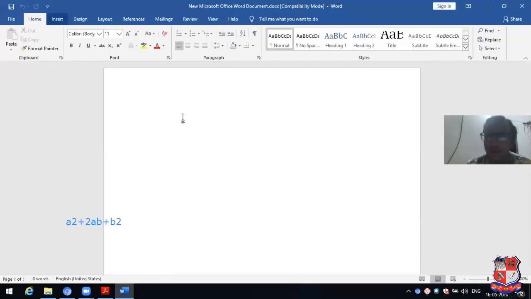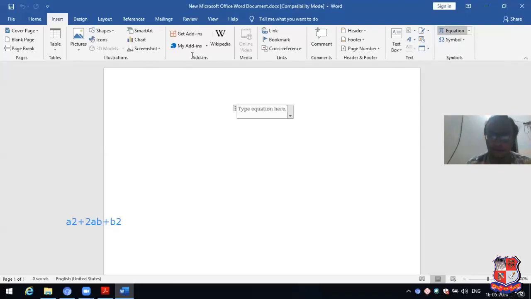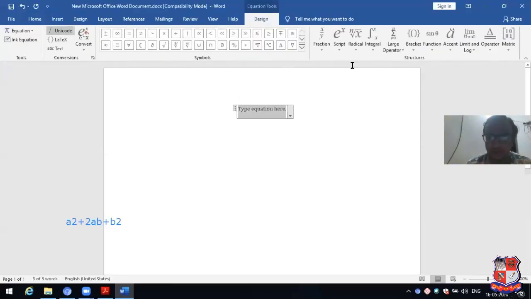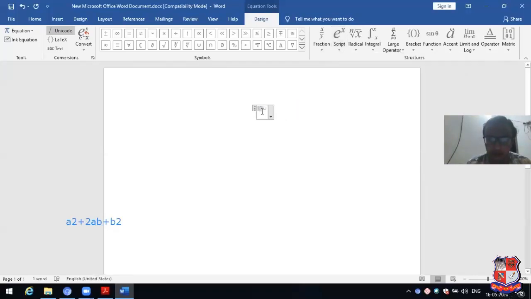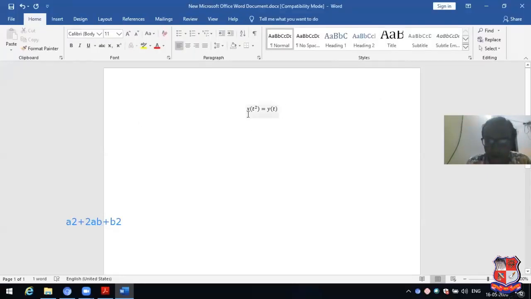See this, insert the equation. Here we can write x of t square is equal to y of t. Now determine whether it is linear or not.